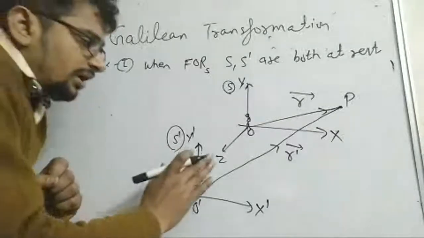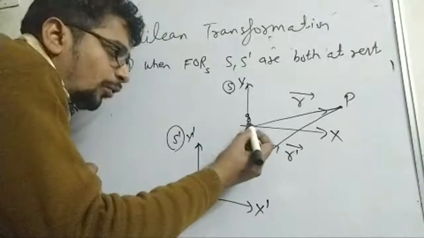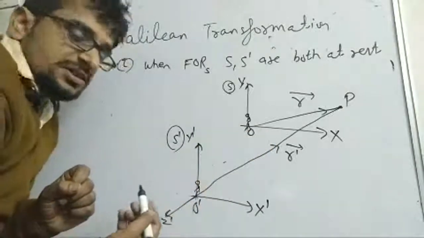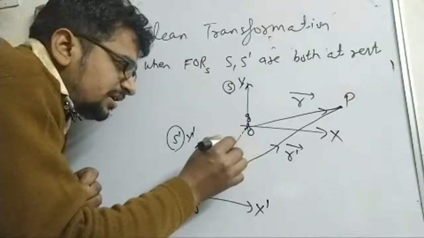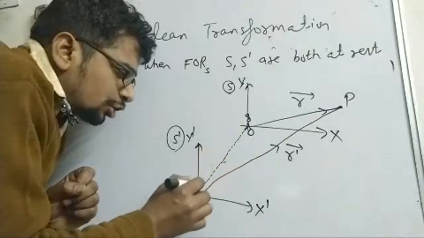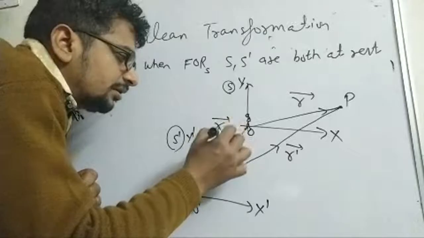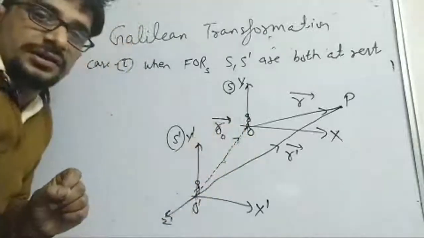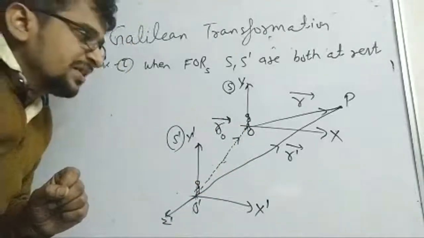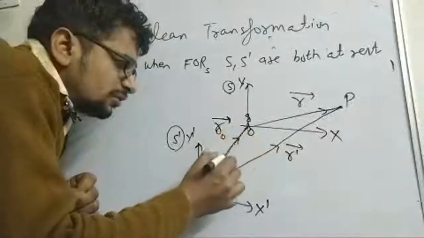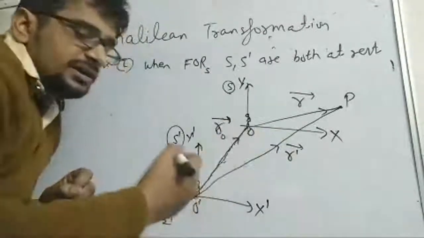Now both observers are at rest, so the distance between both observers is represented by r vector naught. This distance is constant because both observers are at rest.